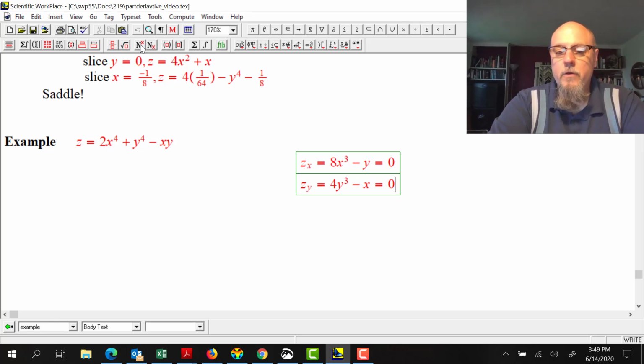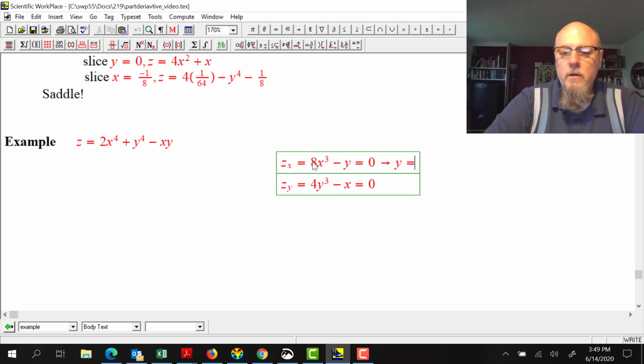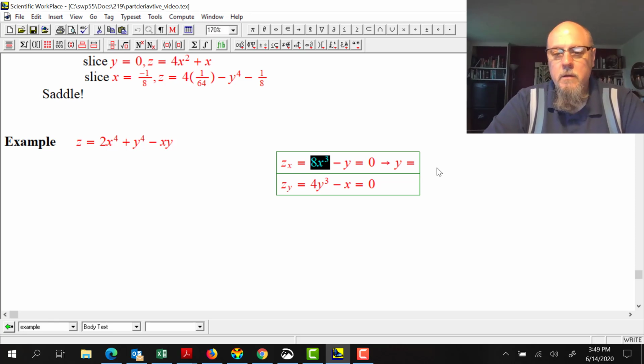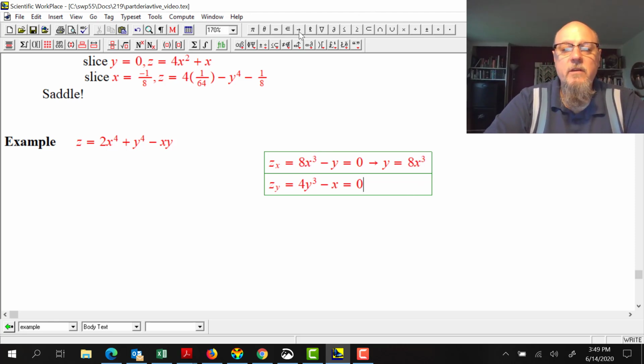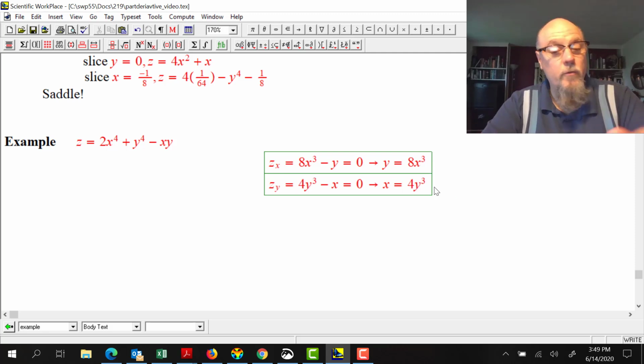Before I go any further, though, let's clean these equations up a little bit, just so we can look at them. This is the equation y is equal to 8x cubed. And this is the equation x is equal to 4y cubed. Now, how do I solve this? Two equations, two unknowns.